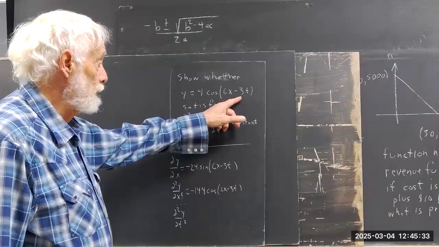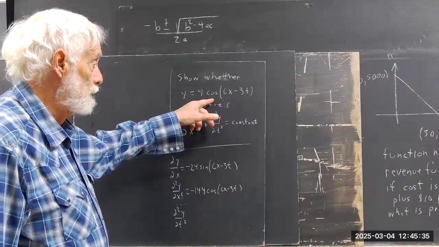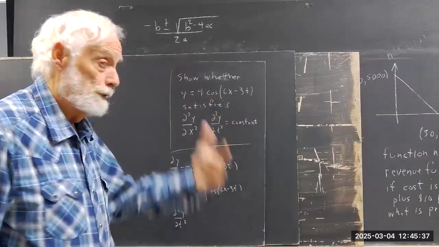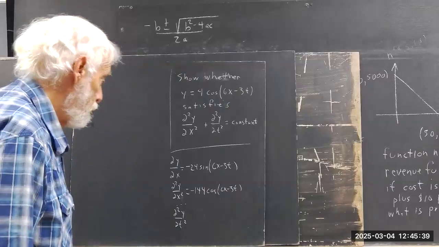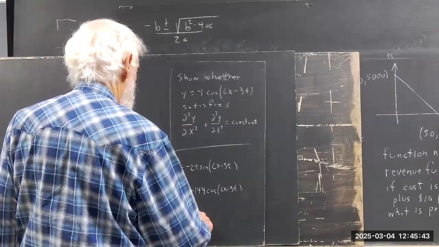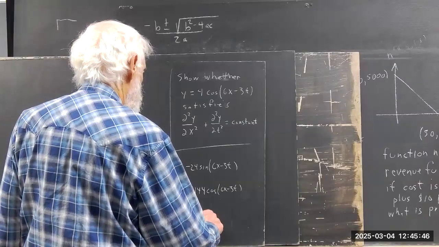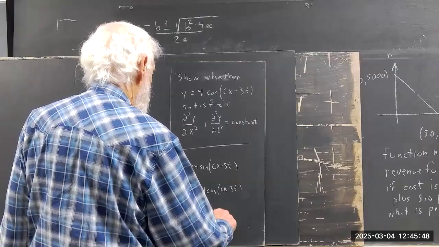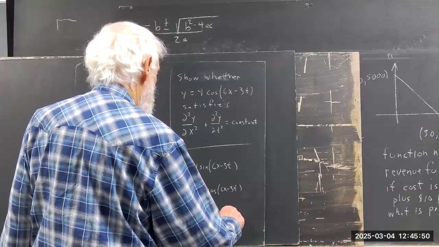And then another negative 3, and we get back to the sine function, and we get 36 there. So we get this. Do we agree?